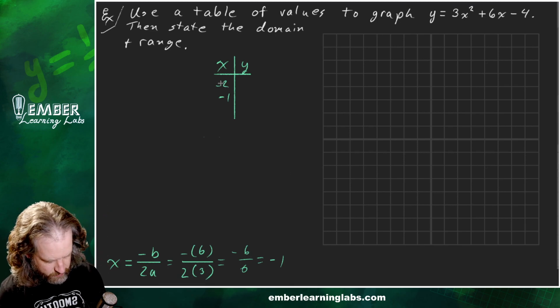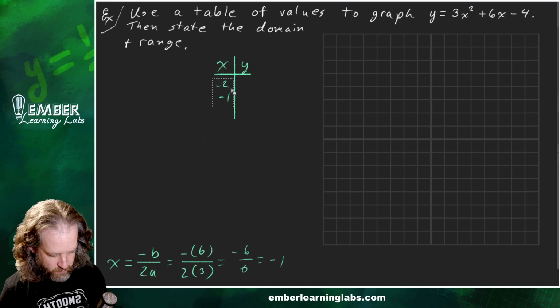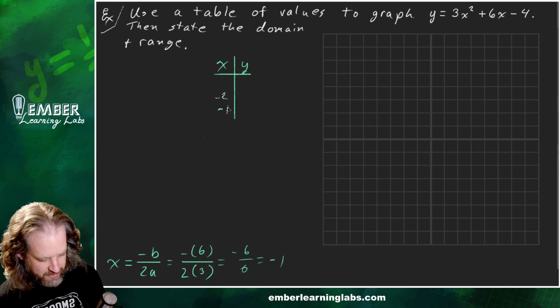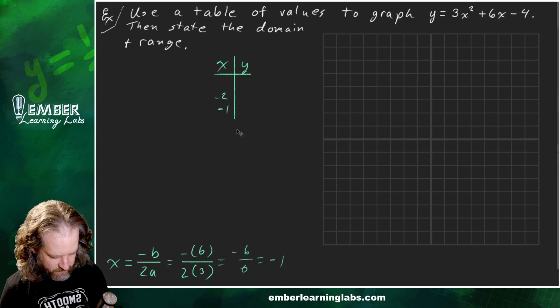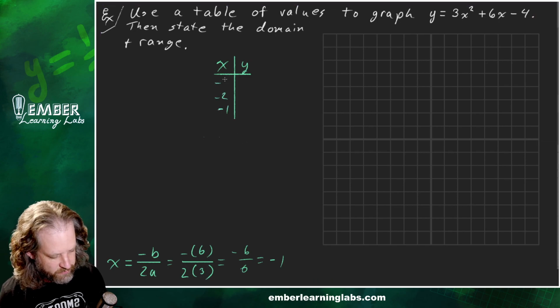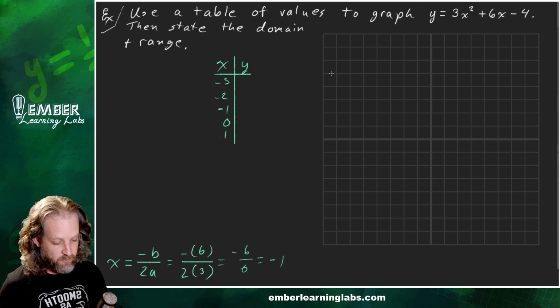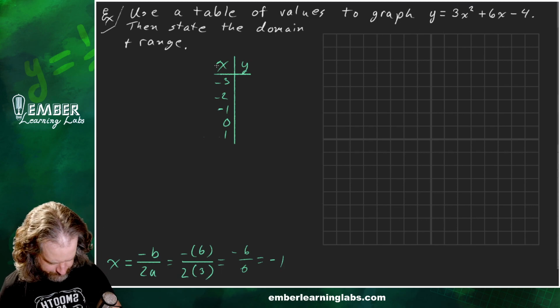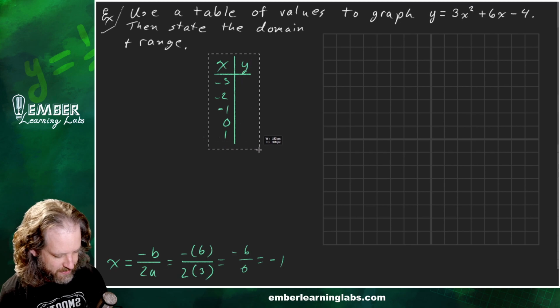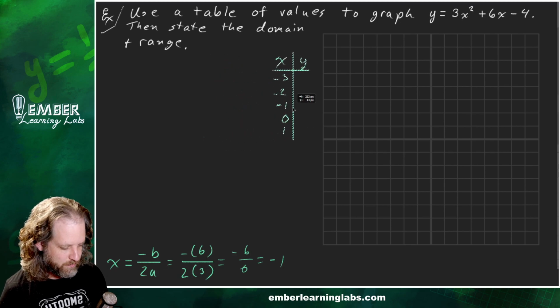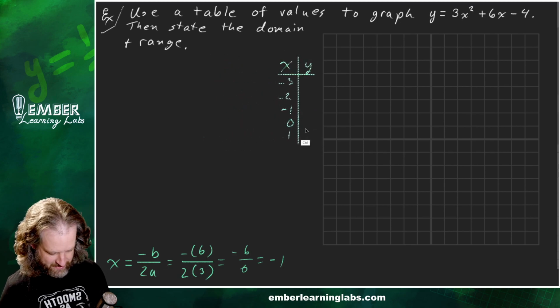And actually, let's move that down because I want one more. I'm going to use 5 points. That's usually a good baseline of what we're going to do. So negative 3 and then 0 and 1. We're going to plug each one of these x's in and get y.